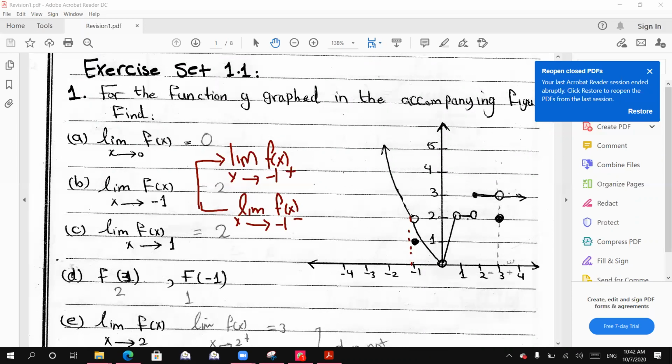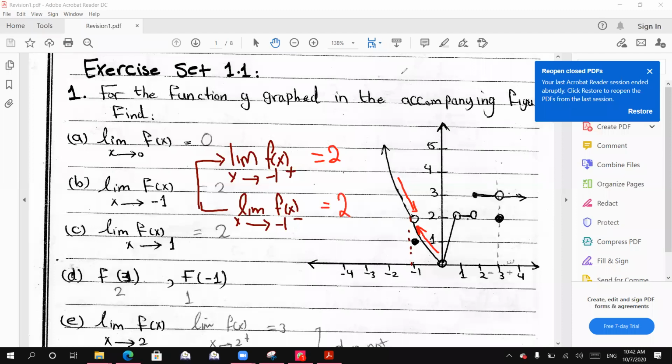Now, -1 from the right. Here is -1. From the right, it approaches what? 2. To be 2. And from the left, oh no, let's put the opposite. Okay, from the left, it will also be 2.